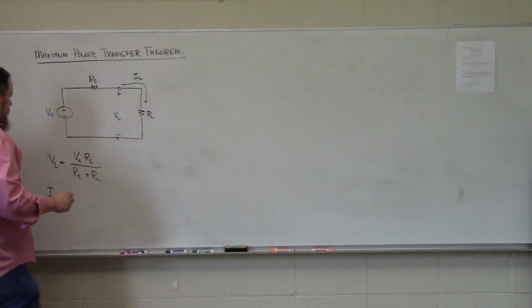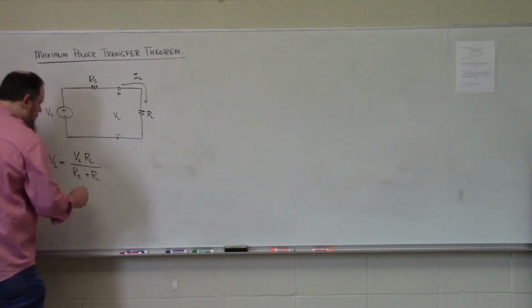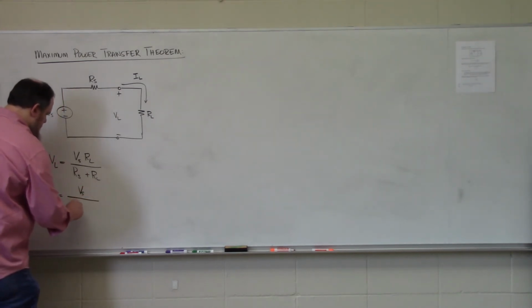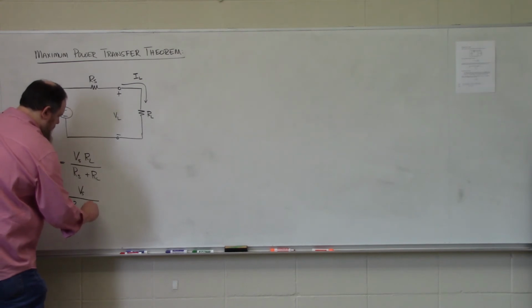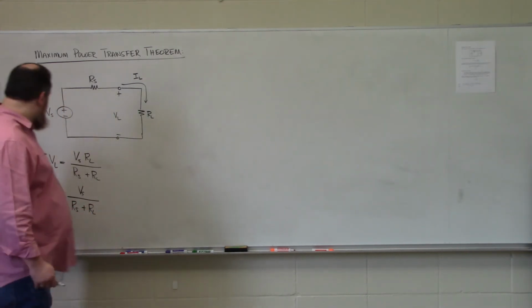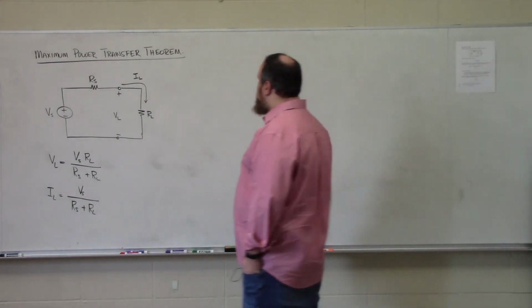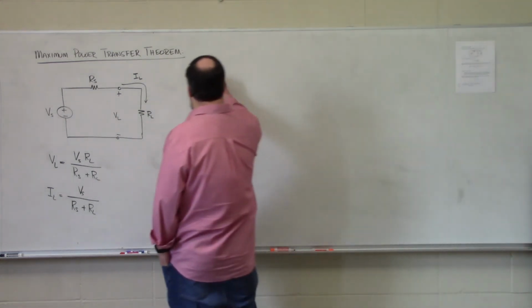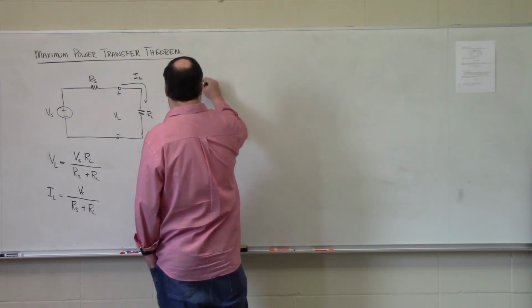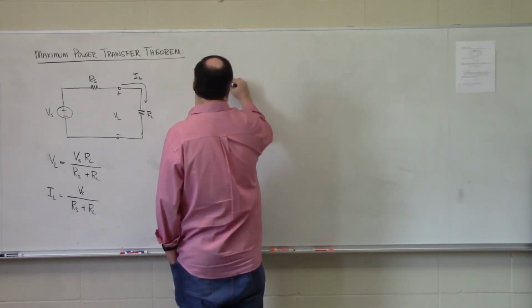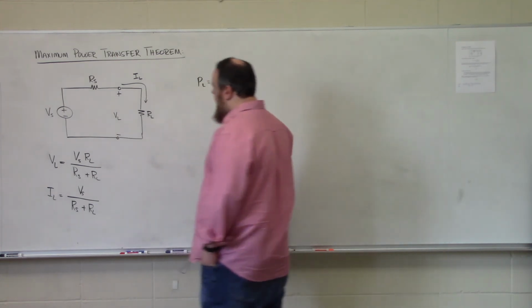and our current IL is equal to Vs divided by Rs plus RL. The power absorbed by our load resistor, PL, is VL multiplied by IL.